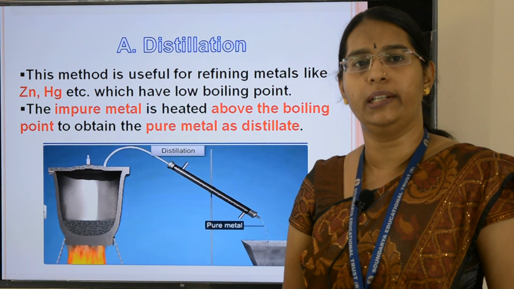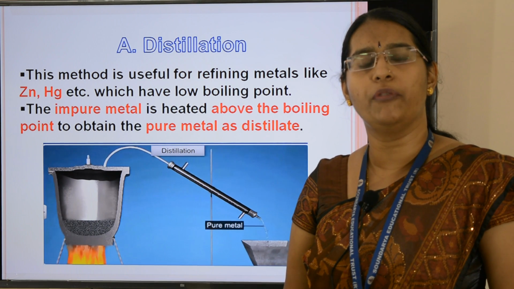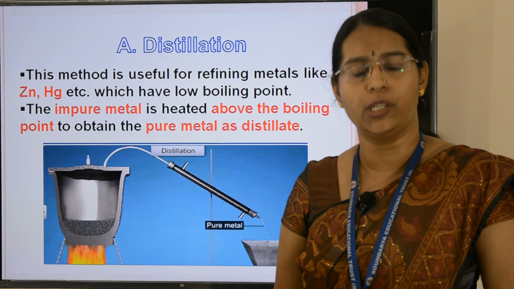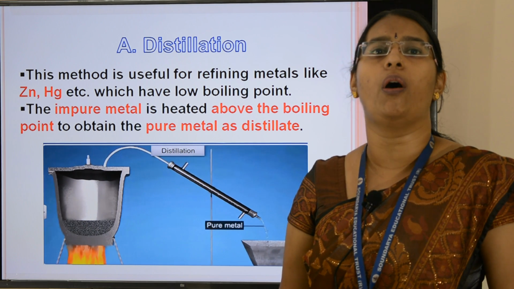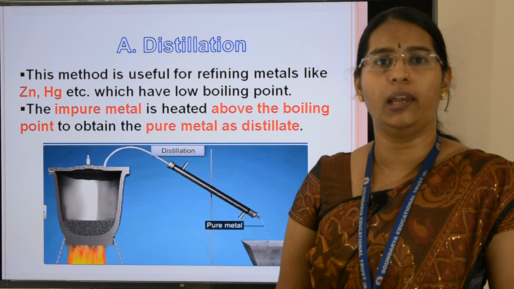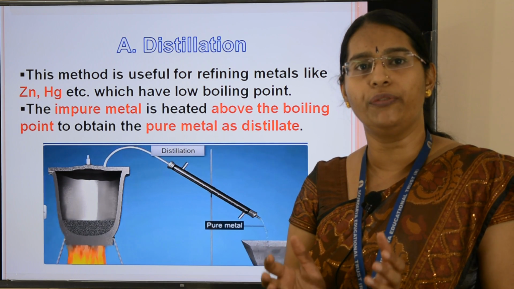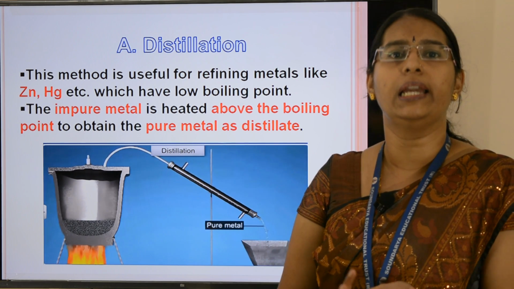First purification technique is the distillation technique. Okay. So you have studied some of the basic concepts of distillation in first PU itself, and you know that distillation can be used for liquids. If there is a mixture of liquids, then by using the distillation flask, the mixture of liquids is taken and heated.